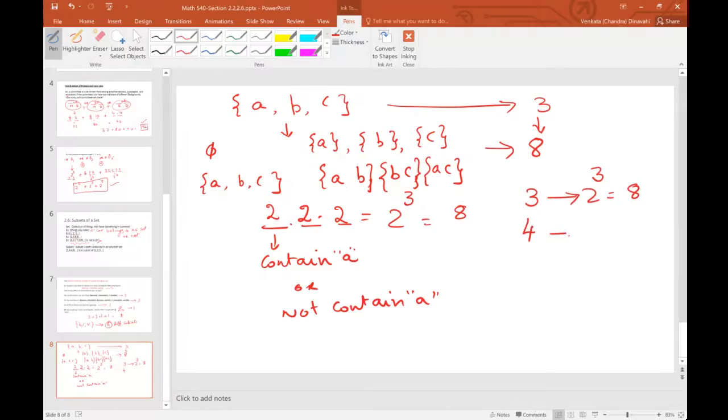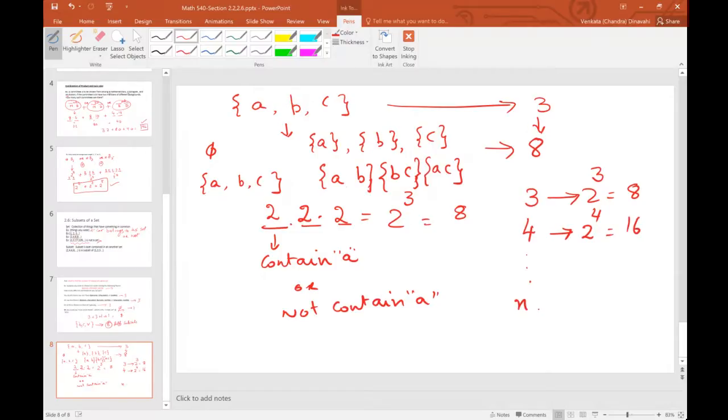If your set consists of 4 members, by the product rule, A, B, C, D, your subset might have A or not, might have B or not, might have C or not, might have D or not. So there are a total of 2 to the power 4, that is 16 different subsets.